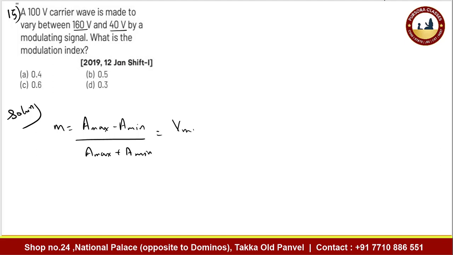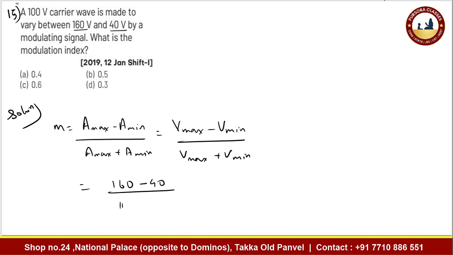That can also be written as V max minus V min upon V max plus V min. So 160 minus 40 upon 160 plus 40, that is 120 upon 200, that is 0.6. So the correct option is C. I hope, students, you have understood.